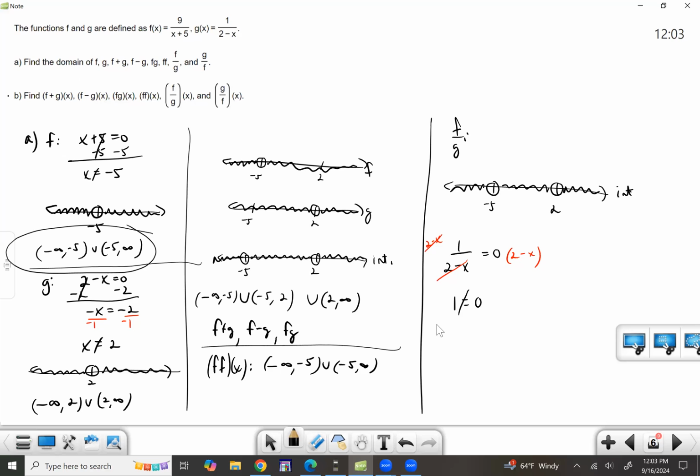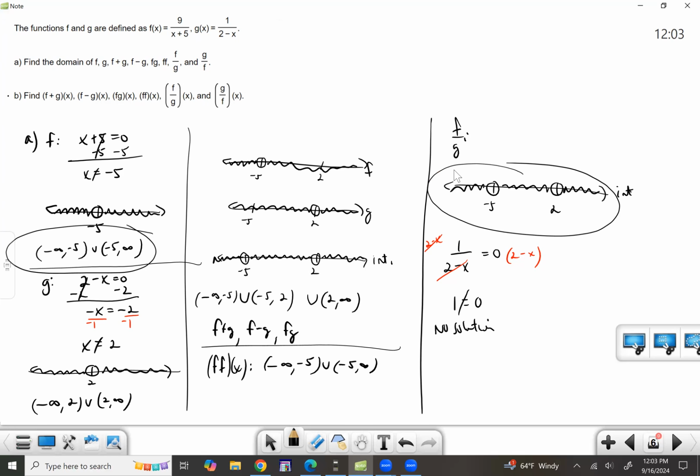So this is a contradiction, so there's no solution. So this will actually never be 0, which means we're not going to get any new exclusions, no values excluded from this. So it's going to be exactly this typed in.